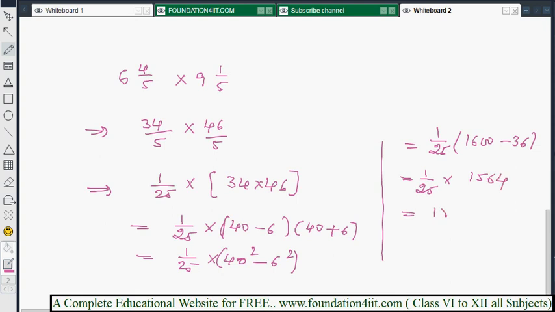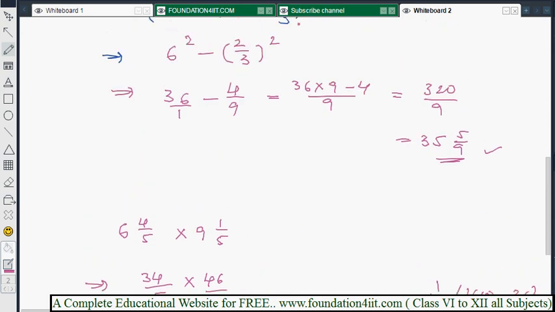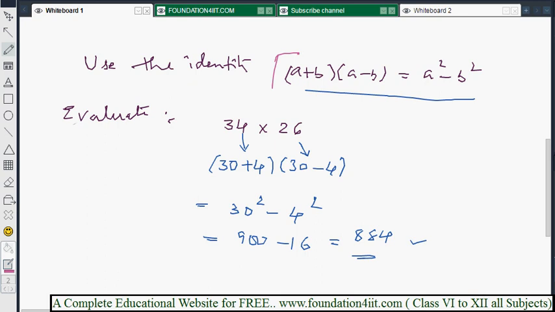So finally that is 1564/25. If you convert into a mixed fraction, 62 14/25. You can convert by doing division. This way, if it is not possible to solve directly, just convert into improper fractions, and then you can get a clear idea of which identity you need to use. These all use the (a + b) into (a − b) identity, only the a² − b² identity.